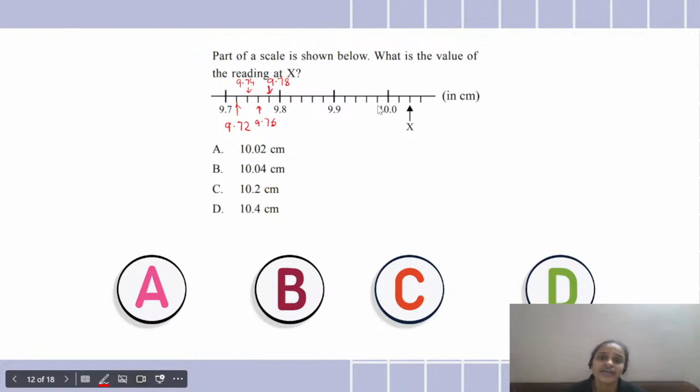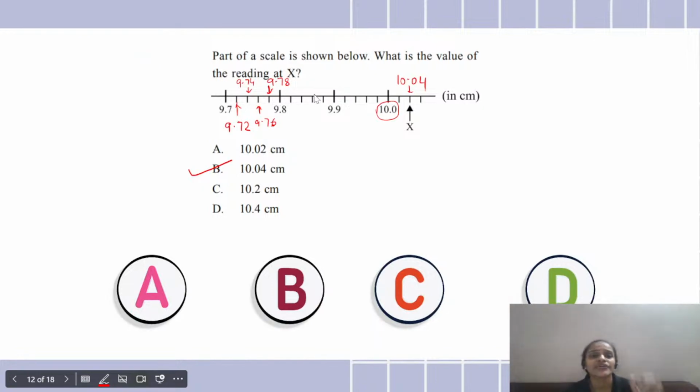So here, since I have the number 10, here also this is 0.02 and 0.04. So this is going to be 10.04. So my correct option is option B, 10.04 centimeter. Yes, as given by Banishika, absolutely correct. Option B is the correct answer and not option C.